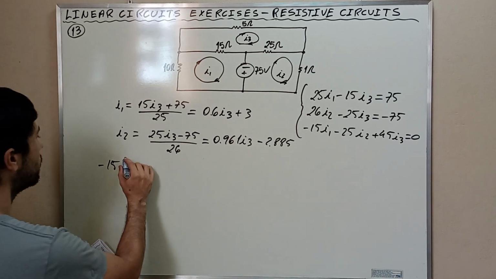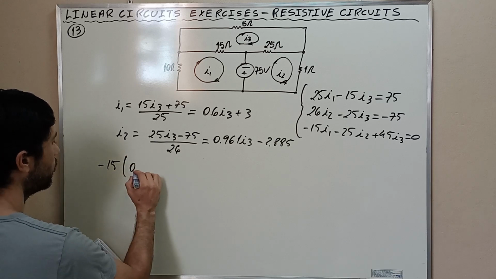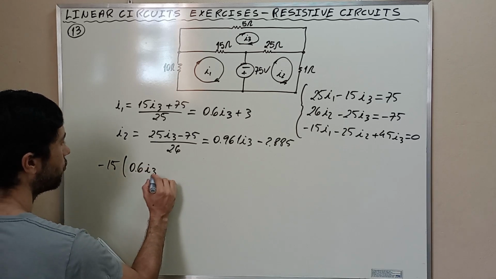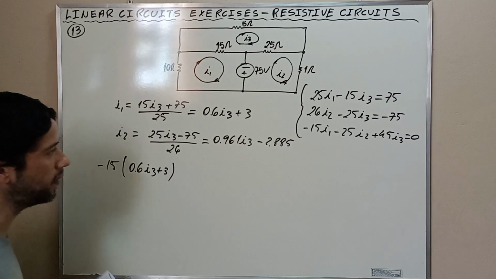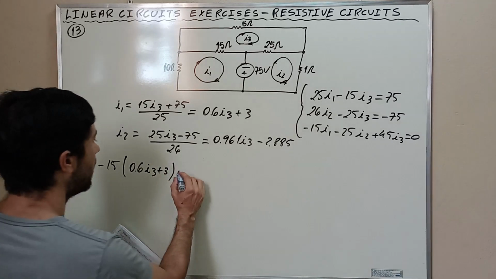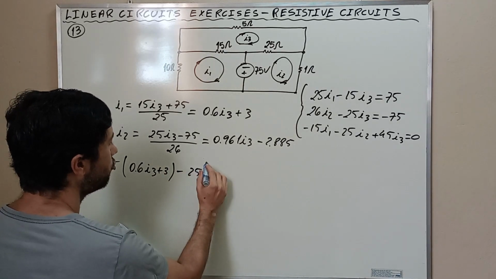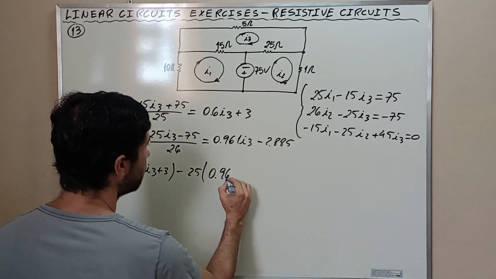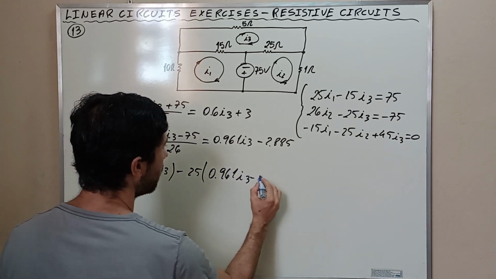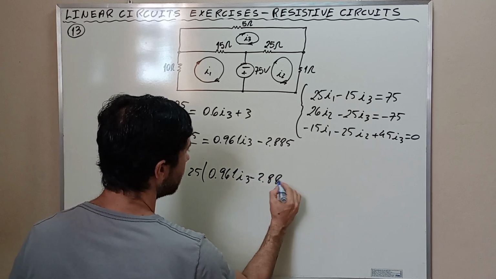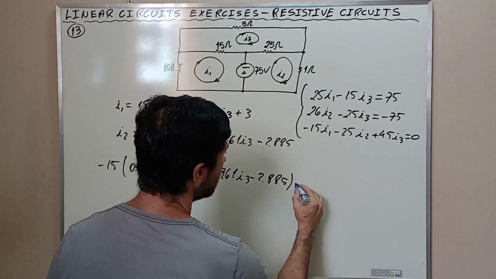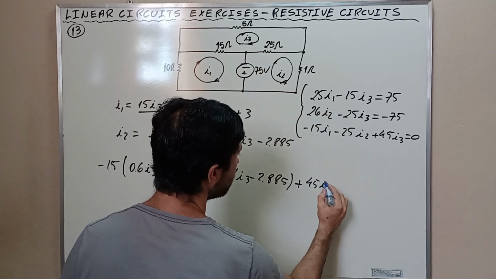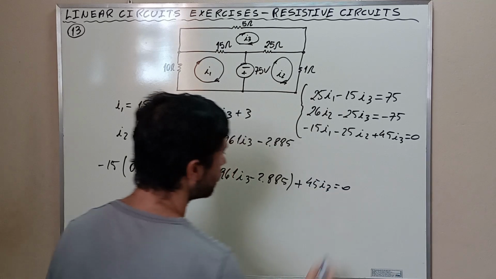But I1, we discovered that it is 0.6 times I3 plus 3, okay, minus 25 times I2, and I2 we found it to be 0.961 times I3 minus 2.885 plus 45 times I3, and this is equal to 0.